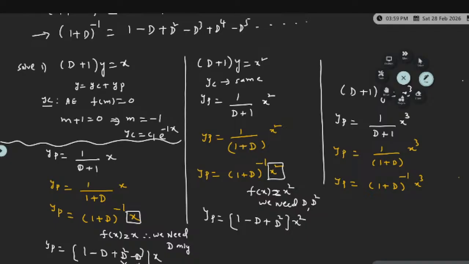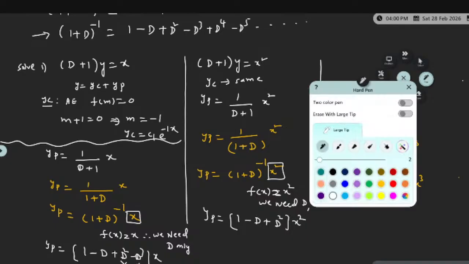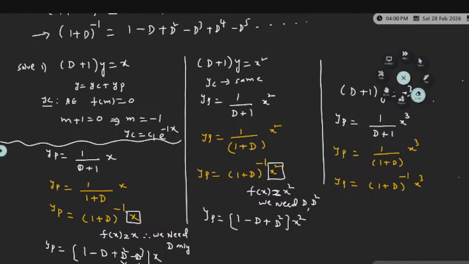See, x power 1, d power 1. What is the power of x? 1. d enough.